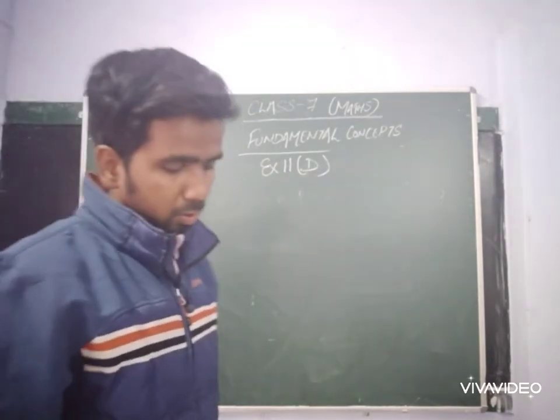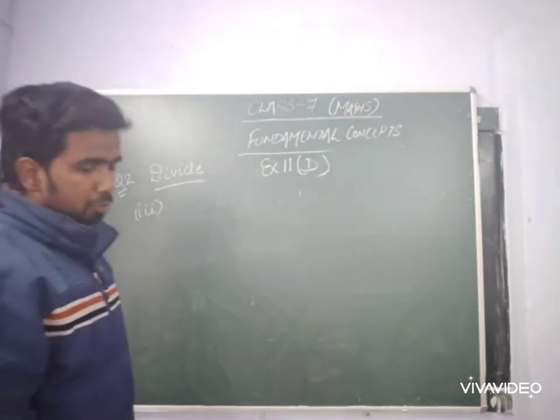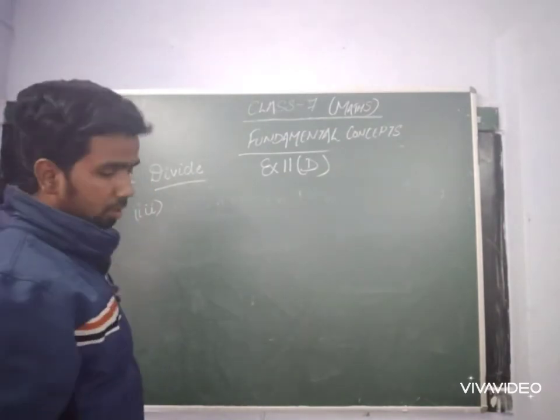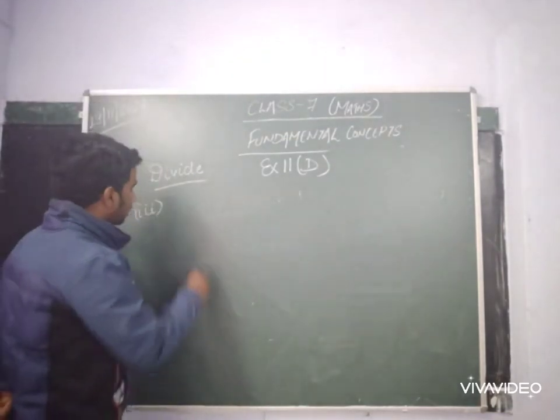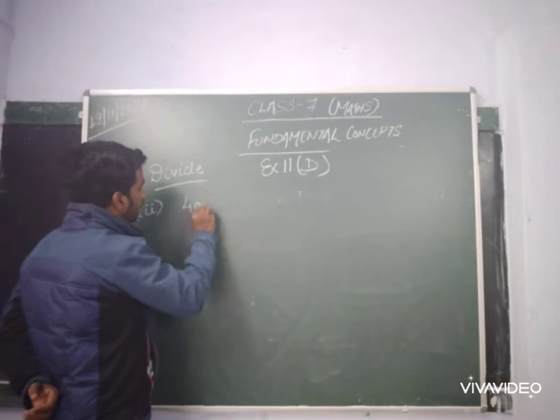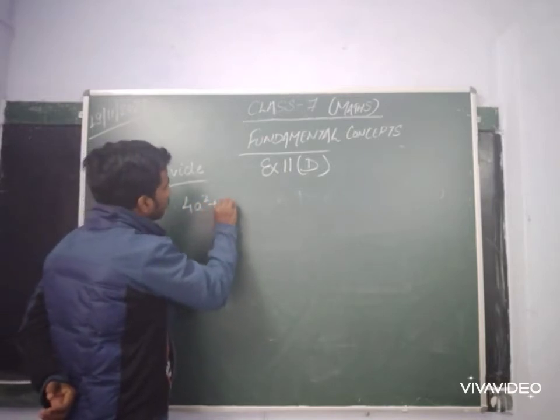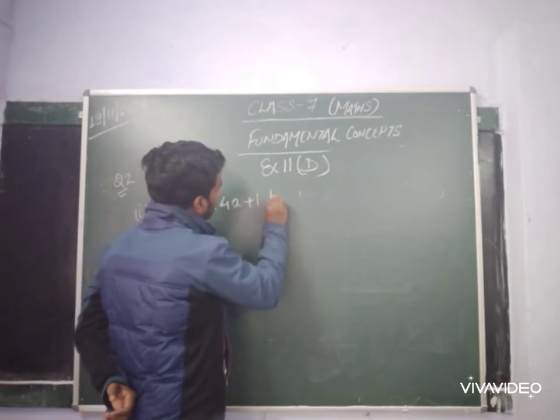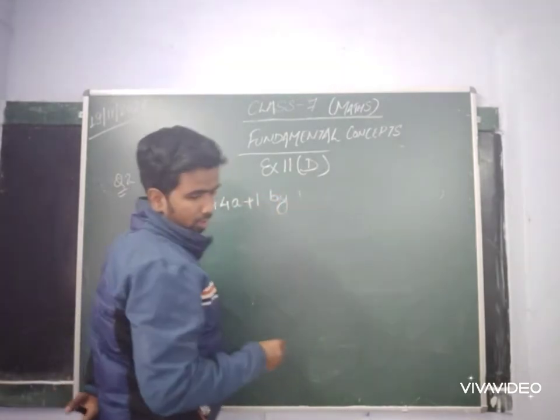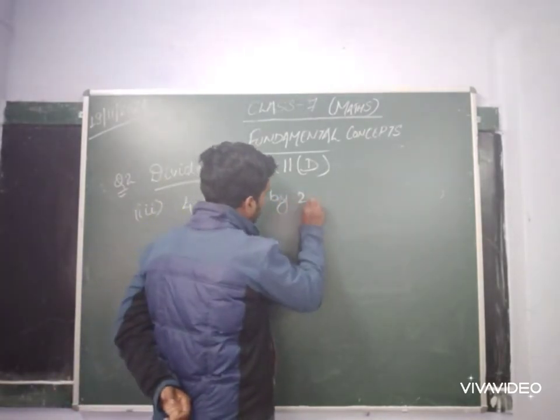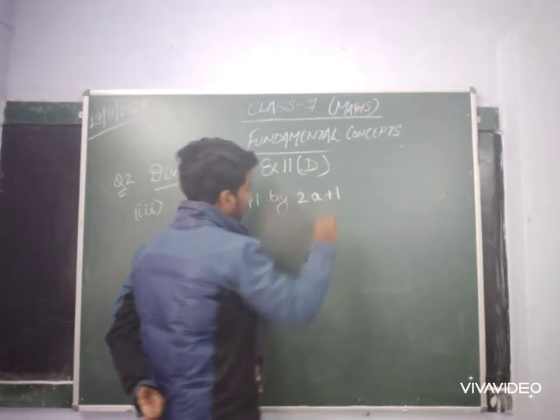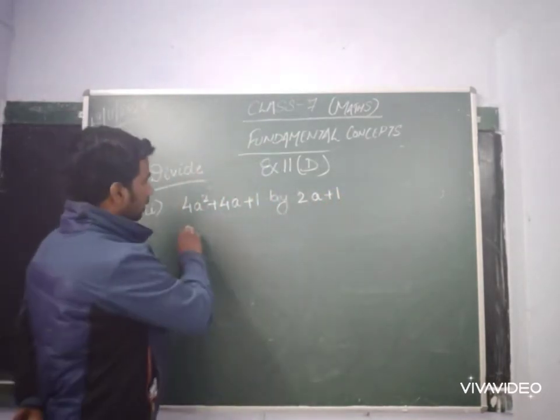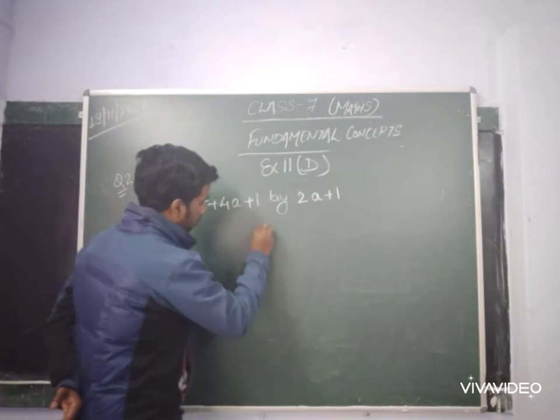Now let's see the next part of question 2, and that is the third part. Third part is saying that 4a square plus 4a plus 1, and you have to divide it with 2a plus 1. Again, polynomial expression, and this is also a polynomial.